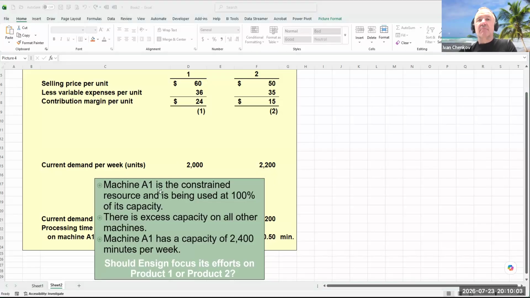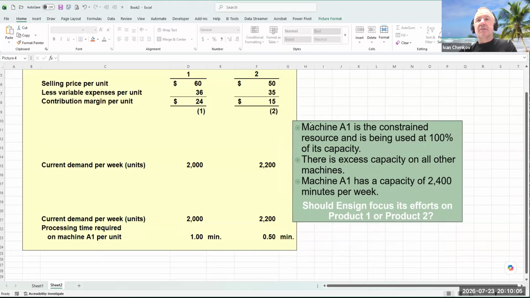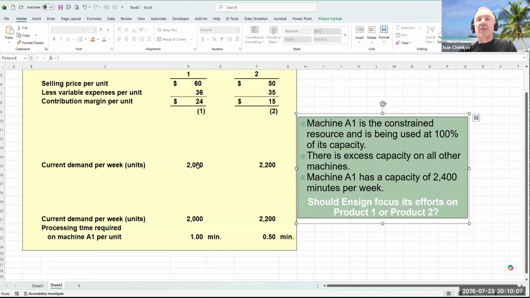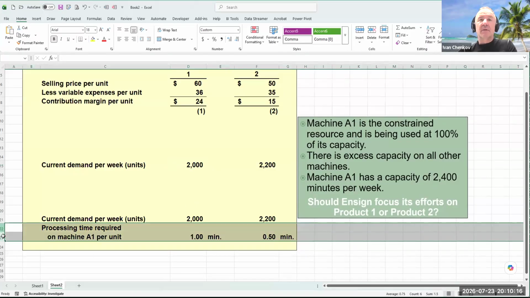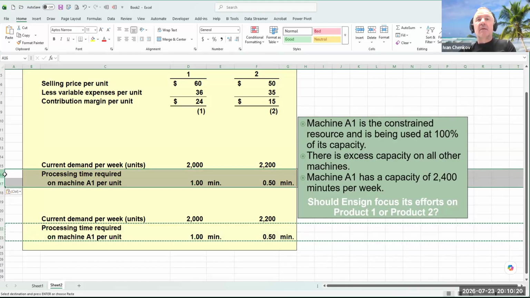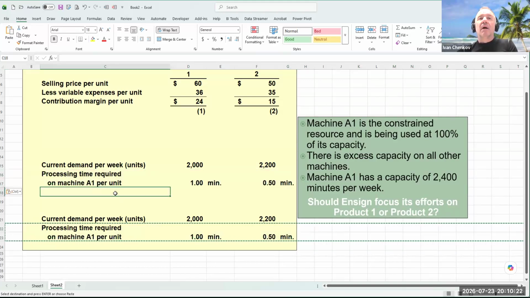2,400 minutes per week. The question is, since we have our demand, how many minutes per week do we need? In order to get this, we have to see how much time is required.